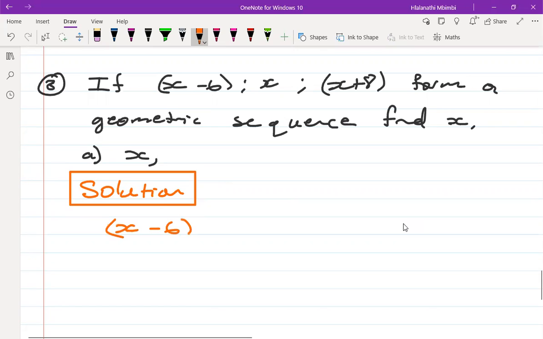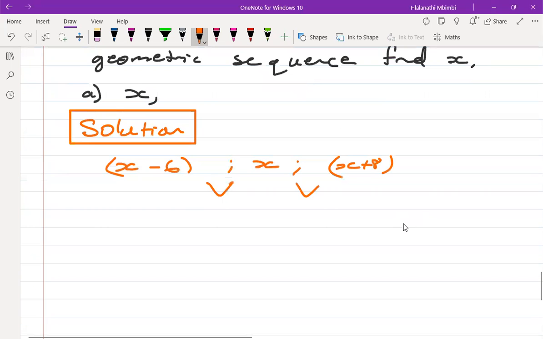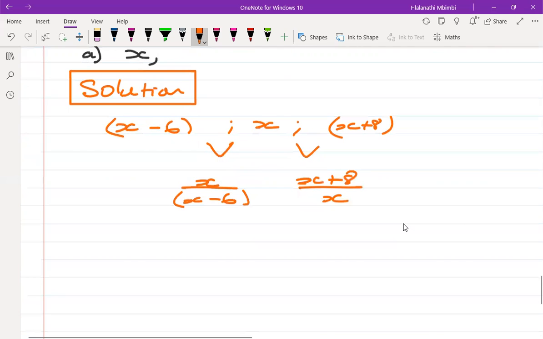You have this and this and this. So you can just say, let's look at this geometric sequence. If I say x divided by x minus 6, I'll get what I got there. And I can also say x plus 8 divided by x. Right.